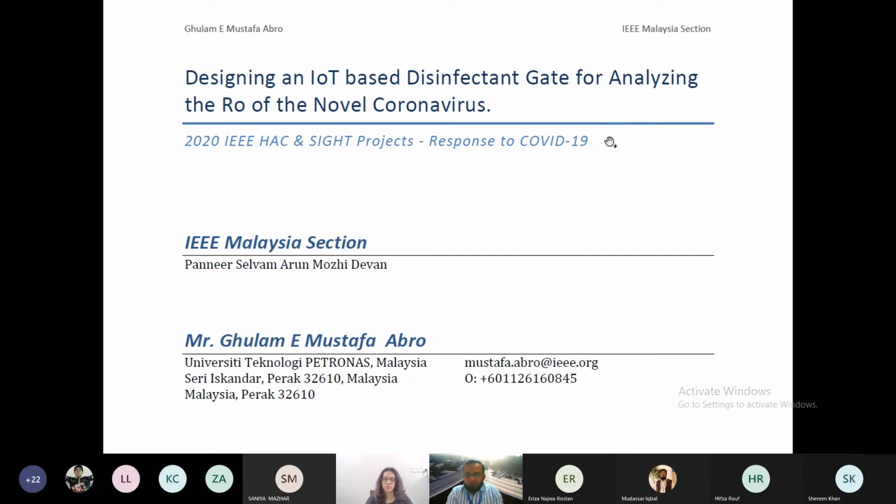We measure the temperature without any contact, through image processing. Within the disinfectant gate, we had an image processing unit. First we measure the temperature of an entrant, and then, when he or she is entering further, we detect whether he or she is wearing a mask on the face or not.